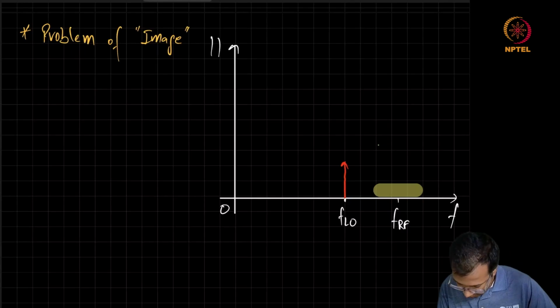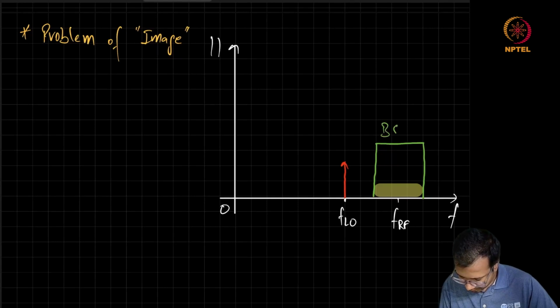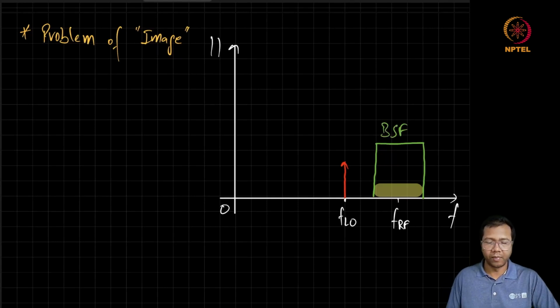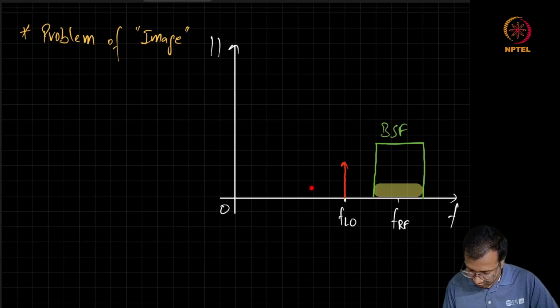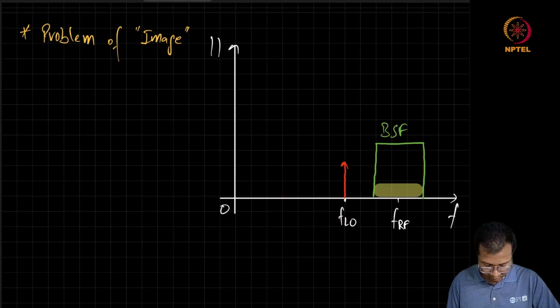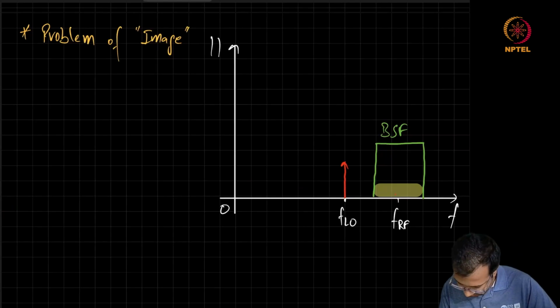So this filter is already present before the mixing operation and it is selecting our desired band. And we are talking about an image which may be present in this frequency region. So let's fix one channel here.